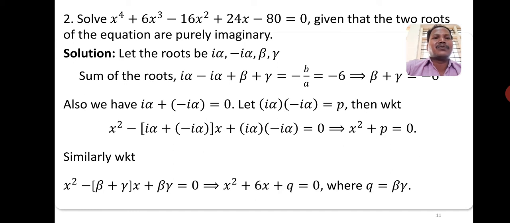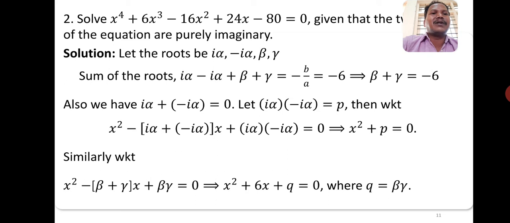The sum of the roots, i alpha minus i alpha plus beta plus gamma equals minus b by a, therefore minus 6, which implies i alpha minus i alpha will be cancelled, remaining beta plus gamma equal to minus 6.